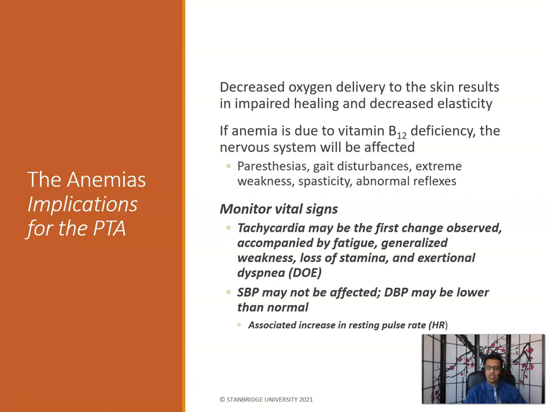Tachycardia may be the first change observed, accompanied by fatigue, generalized weakness, loss of stamina, and exertional dyspnea, DOE. SBP, systolic blood pressure, may be affected, but diastolic blood pressure may be lower than normal. These are all things you should be aware of when monitoring vital signs on a patient that is anemic.